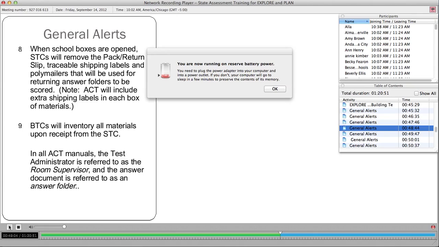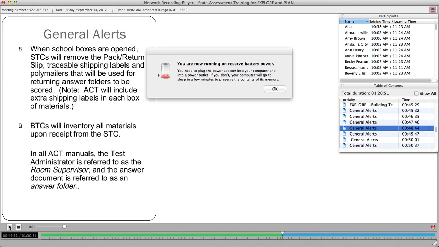We found out that ACT did include an extra shipping label in each box of materials, but you will not need to use that because ACT will actually place one of those labels on the poly mailer before they ship the materials to you. The building test coordinator will inventory all materials when they receive them from the system test coordinator to take to their schools.